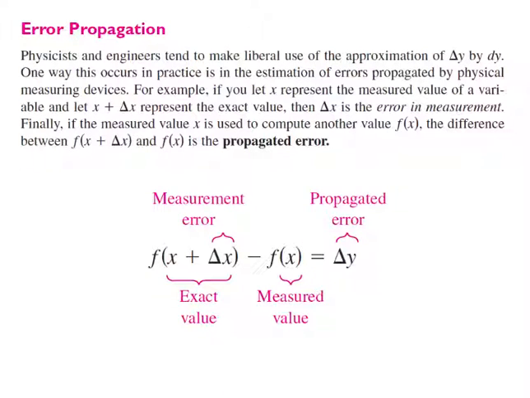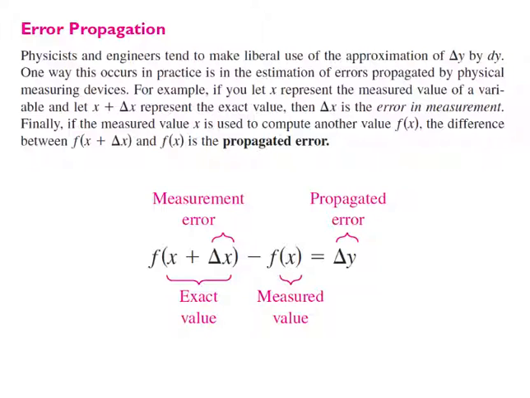Error propagation. I love this paragraph, so that's why I went ahead and put this on your notes. It says physicists and engineers tend to make liberal use of the approximation of delta y by dy. One way this occurs in practice is in the estimation of errors propagated by physical measuring devices.